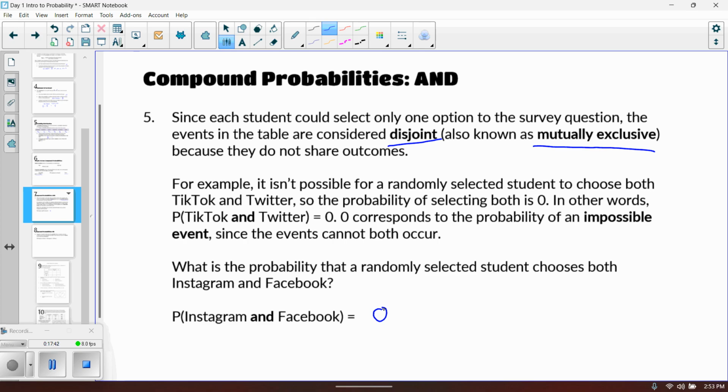In your head, you might have thought, well, I like both things, but in this case, there was no way for you to do it because I only allowed you to select one thing. So that probability is 0. There was no way for you to have both of them at the same time. And that's an and statement. For an and statement, you've got to be able to include both things at the same time. I'm actually going to show this when we get to the last couple of pages here in a diagram, and hopefully that'll make things make a little more sense.